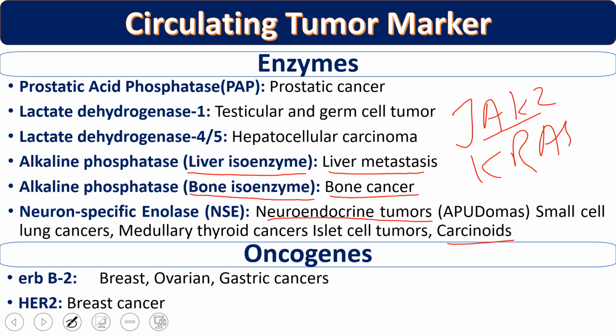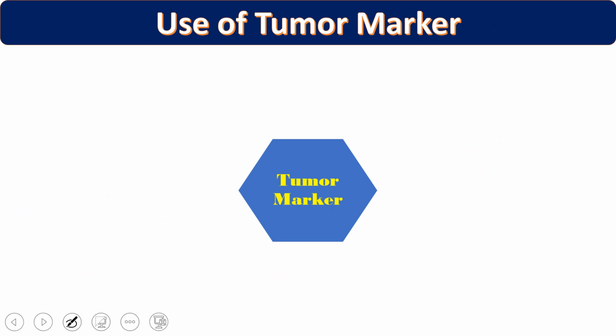Then we are having EGFR, epidermal growth factor receptor, that is specific for non-small cell lung cancer, and there we are going to collect tissue samples. Then we are having chromogranin A, CGA, that is specific for carcinoid tumors. So we have many tumor markers which can be used for detection of different specific tumors.